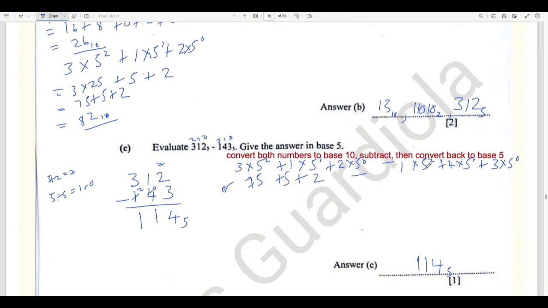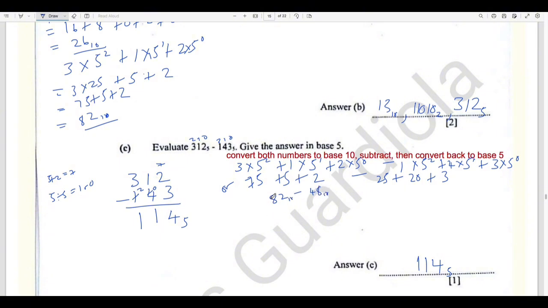This will give you 75 plus 5 plus 2, subtracting 25 plus 20 plus 3. And we again simplify. That's 82 minus 25 plus 20, that's 45 plus 3, 48.